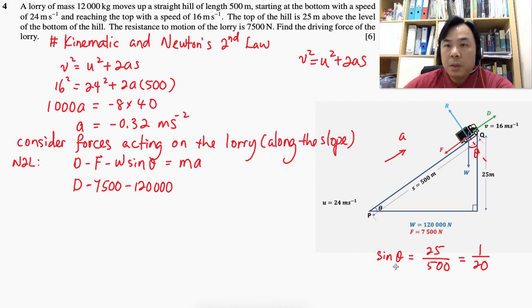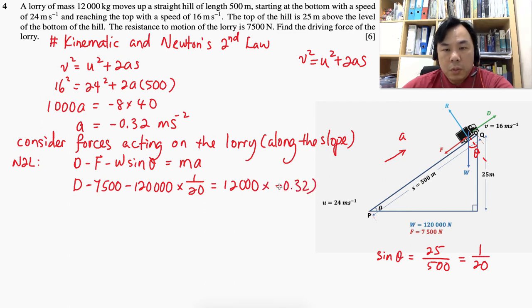We have already determined the sine previously, which is 1 over 20 here. And then this is 12,000 mass, and then acceleration is negative 0.32. Okay, so from here I would get myself 13,500 here, and then that should be equal to 1, 2 here. Let me do the math one more time here.